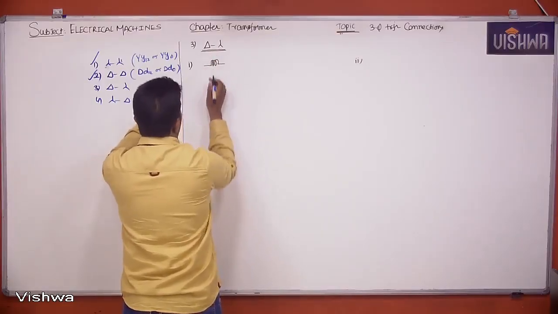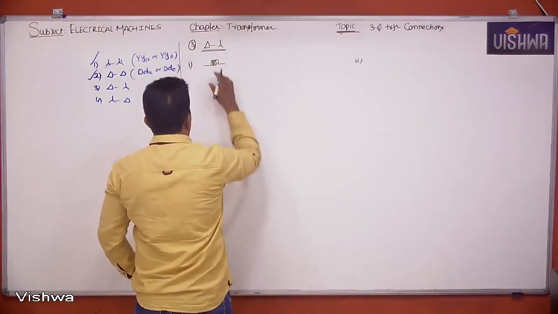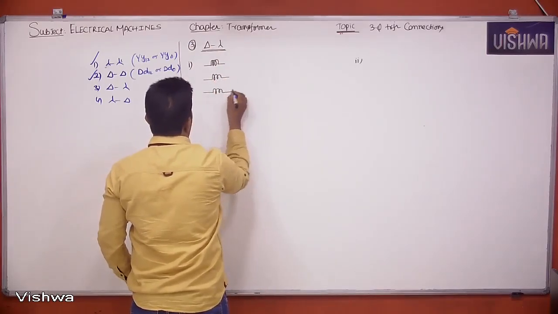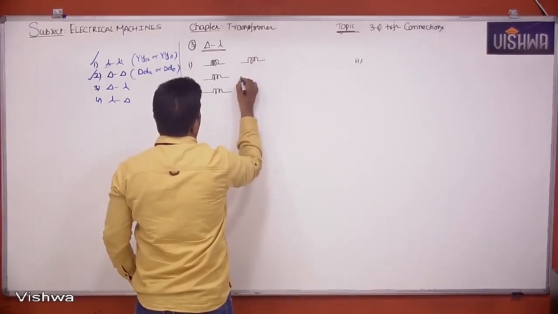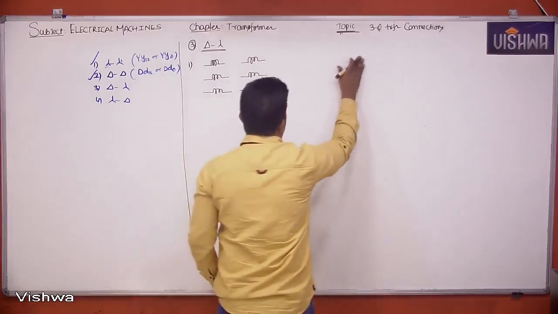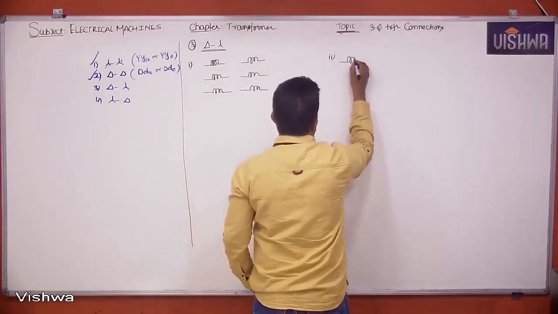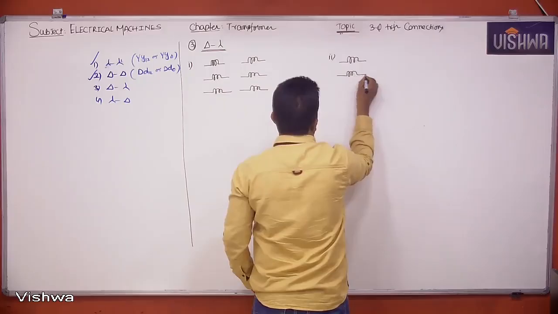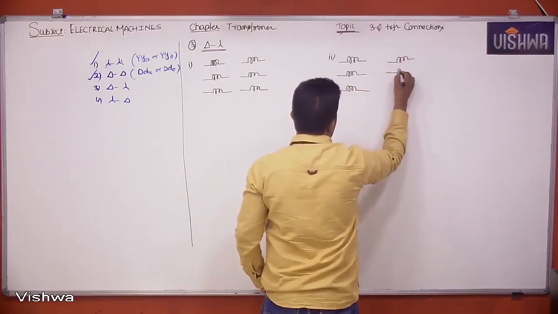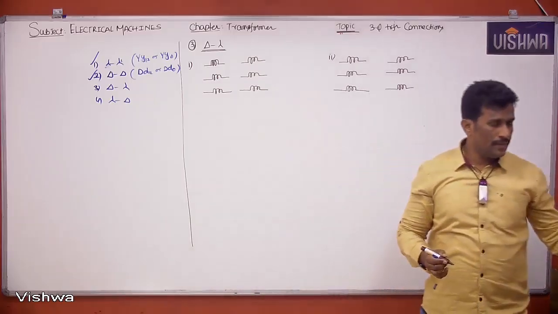Let me take the primary in delta connection and the secondary in star. So we'll take primary 3 windings and secondary also 3 windings. Similarly, in case 2 also we'll take primary 3 windings and secondary 3 windings.